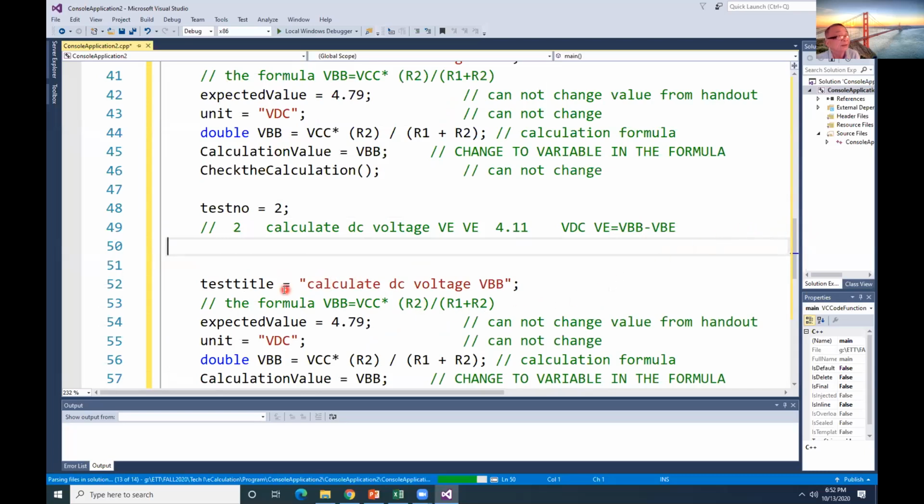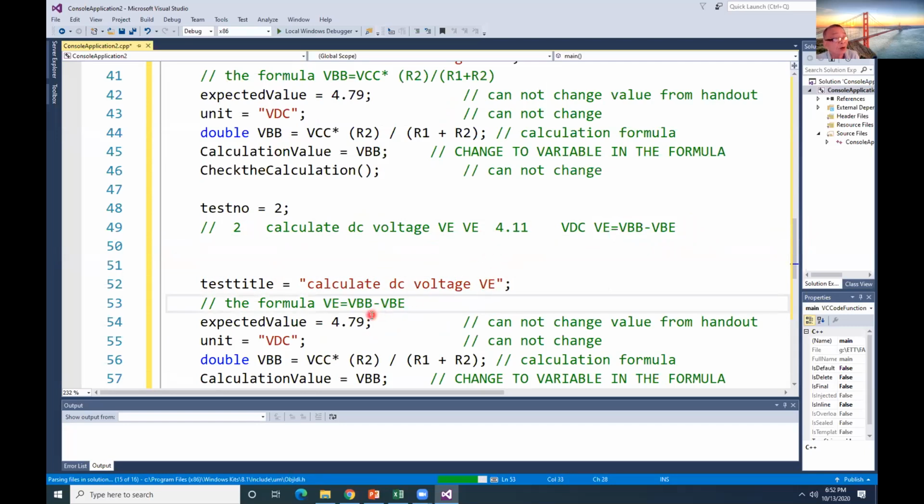Okay. The title, copy the title here, Control C, V. Okay. Formula, right here. Copy. And that formula here.